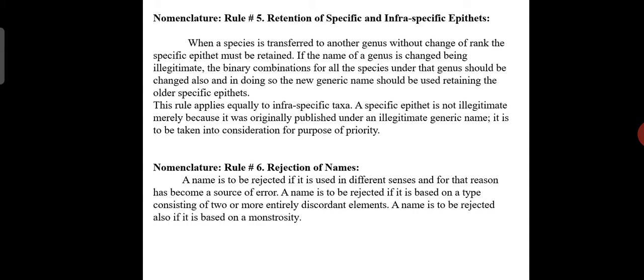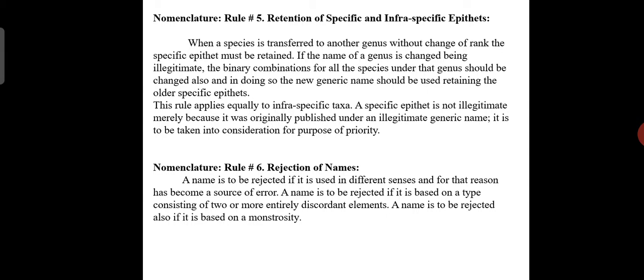This rule applies equally to infraspecific taxa. A specific epithet is not illegitimate merely because it was originally published under an illegitimate generic name. It is to be taken into consideration for the purpose of priority.